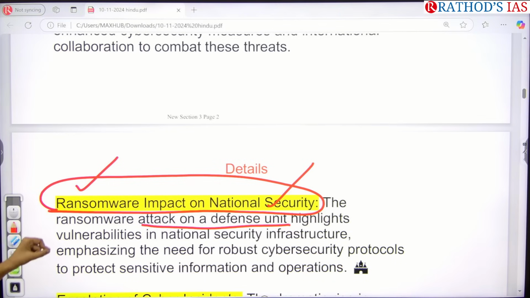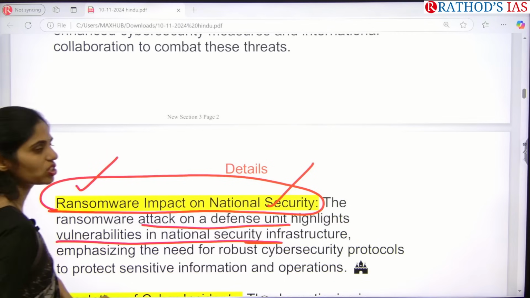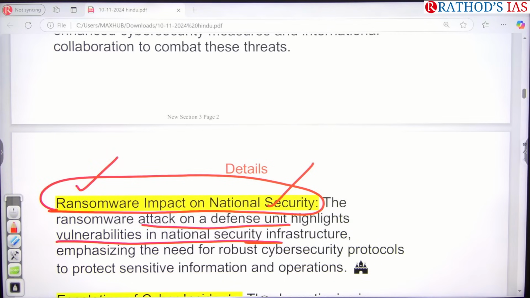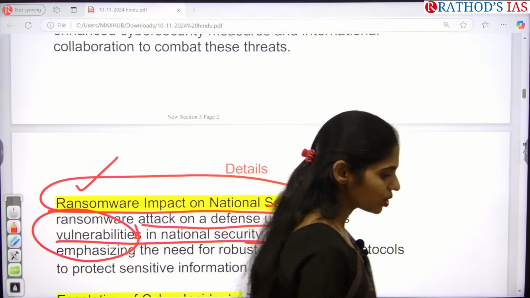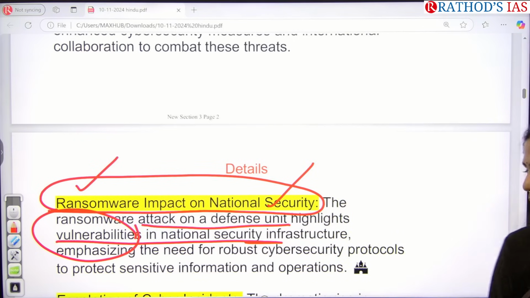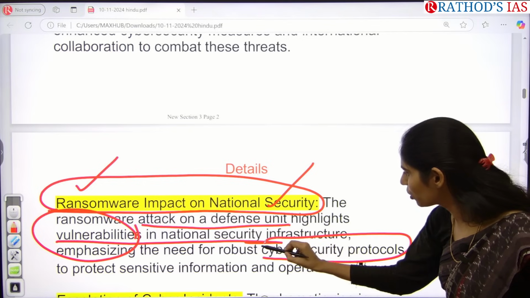Because of this data, we can understand that even the national security infrastructure we are using has vulnerability. So we need to have proper cyber security protocols. Write this word, cyber security protocol. Why do we need this protocol?